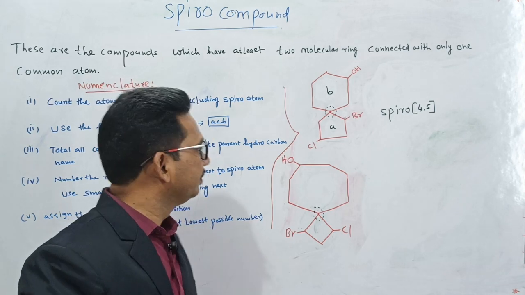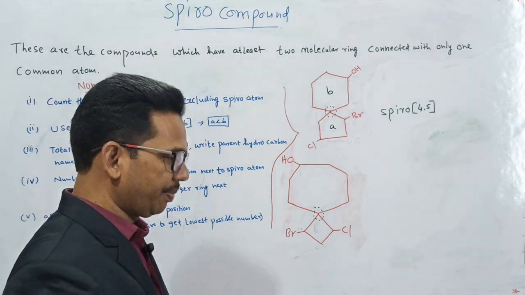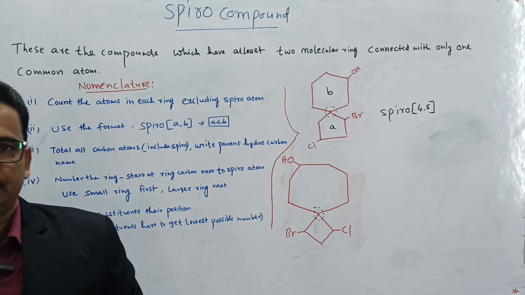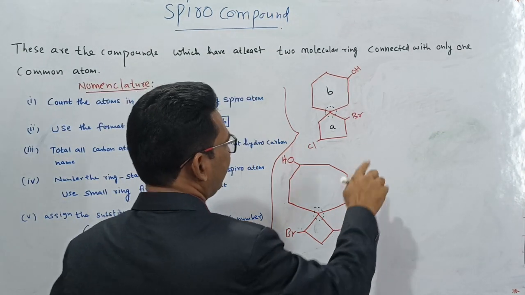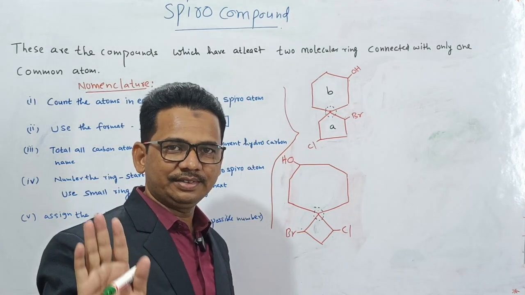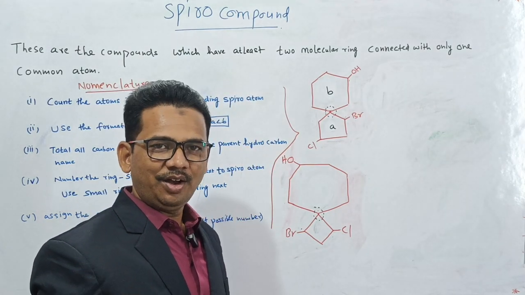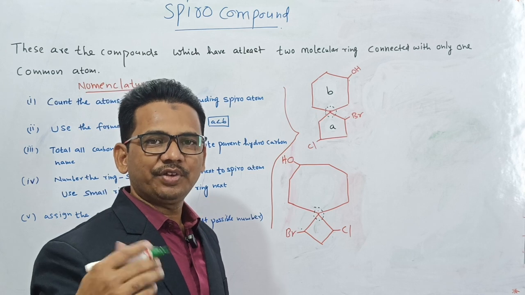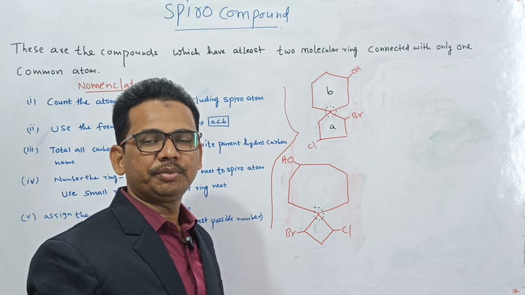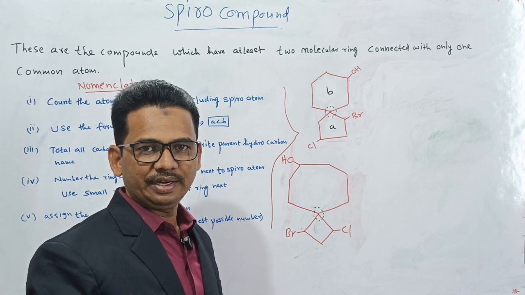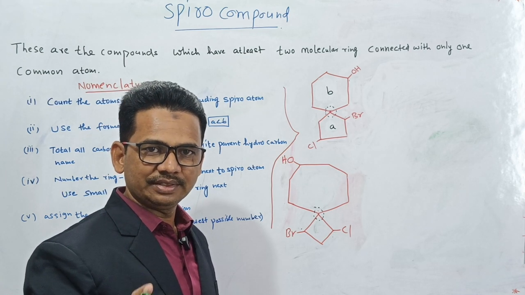Okay, be good. Then see, I will write the nomenclature for one compound. In this case, first we have to write the substituents only. After substituents, what are we going to write? We are going to write Spiro, then mention how many atoms are there in the A ring as well as the B ring.